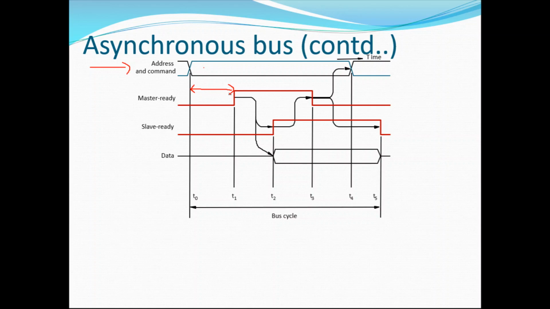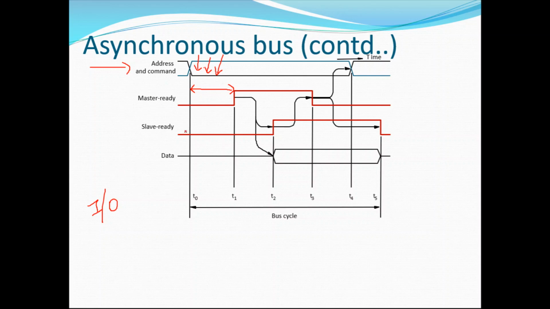Generally, it is not required for the IO devices to wait for the master ready signal before comparing the address. Even if it is not asserted, if any IO device is able to see some address or some command on the address and command bus, they will start comparing.